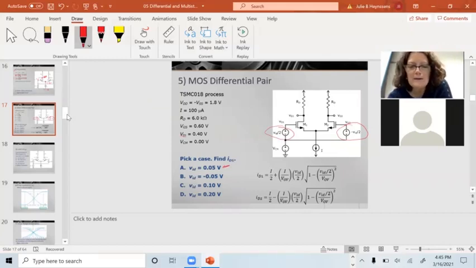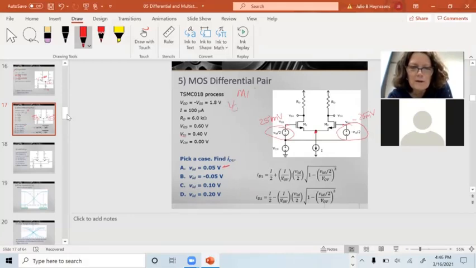Let's say I have 25 millivolts here, and I have negative 25 millivolts here, and this isn't a very good op amp. I put the signal like that. This voltage is slightly higher than this voltage. They have the same VS. So M1 has a higher VGS than M2.